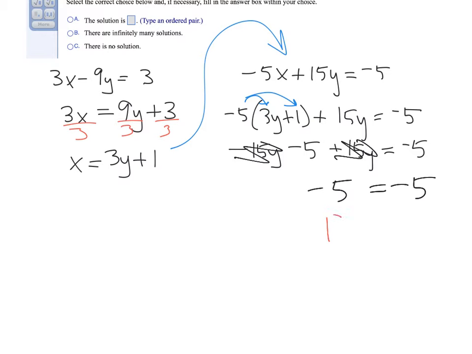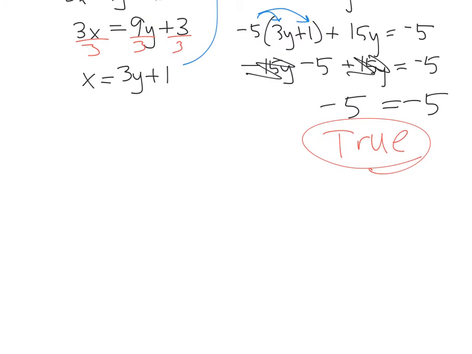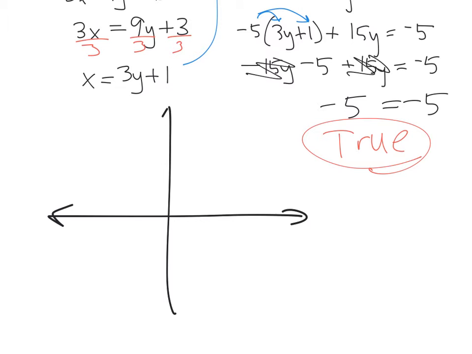Since that is a true statement, that means these two lines have an infinite number of solutions because they are the same line. They coincide. If we were to graph these two lines on a coordinate grid, I don't know exactly what they would look like, but I can tell you that they are going to coincide.